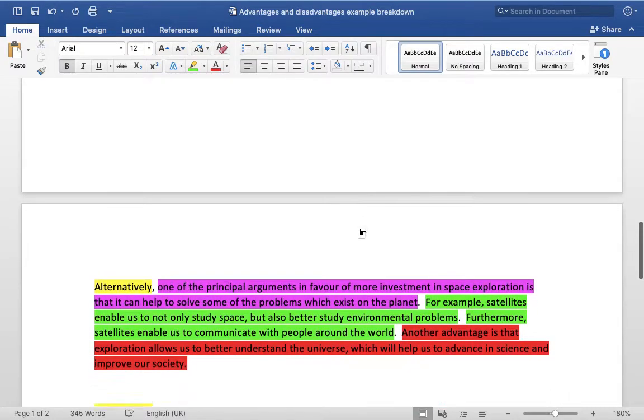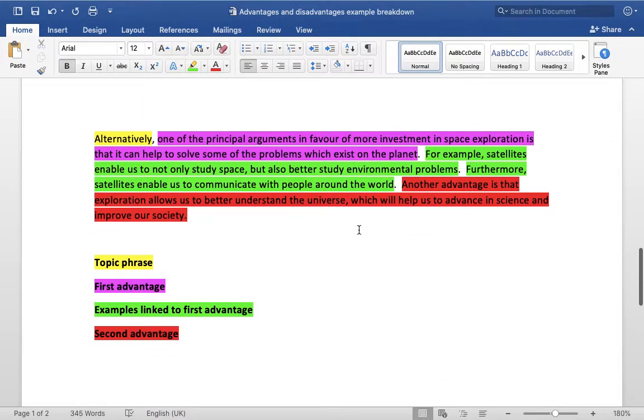Moving on, we've got the third paragraph, which is the second body paragraph, and this deals with the arguments, the advantages of spending on space travel. And you can see my topic sentence is really short here. It's just a phrase.